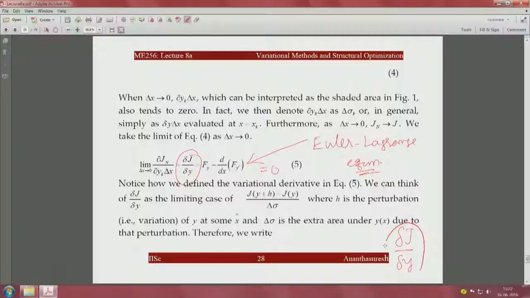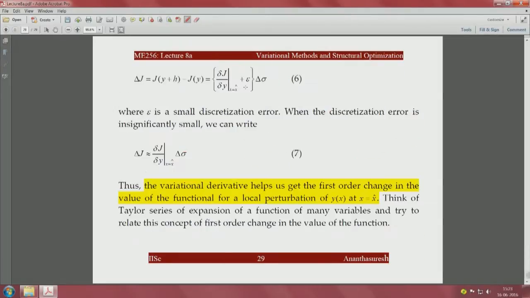Now we have the third one, variational derivative, which we derived for the case of an integrand that depends on y and y prime. Later in the next class you will see that whatever we get, this Euler-Lagrange equation will have a right side and a left side. In the case of the Euler-Lagrange equation, the right side is 0, and whatever is the left side is nothing but this variational derivative.